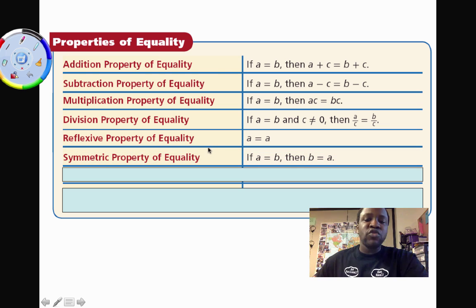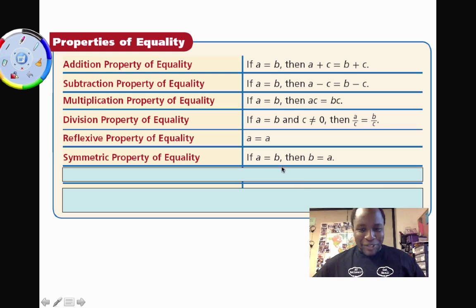Now, the symmetric property of equality is when two different things, like if A equals B, then you can write it in the other order, B equals A. So let's say I had a twin that looks the same as me. I'm forgetting what that is called right now.